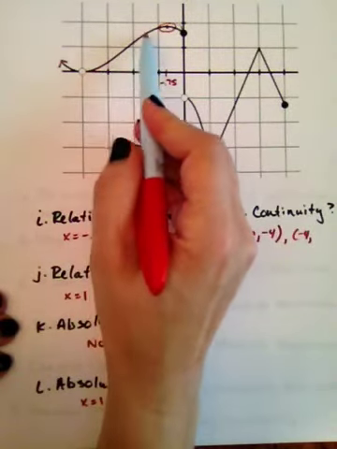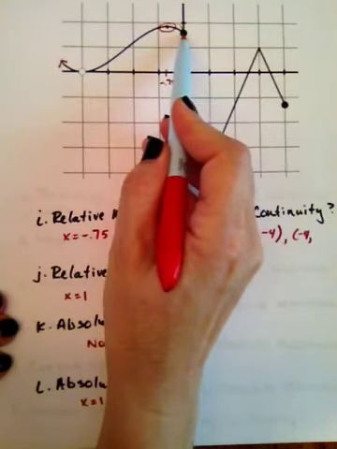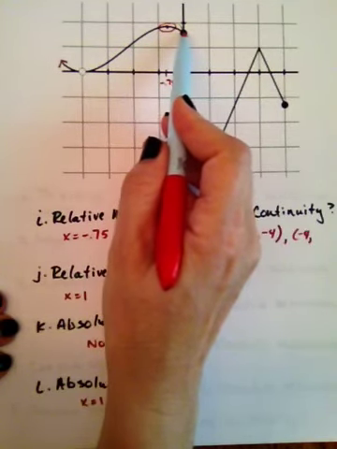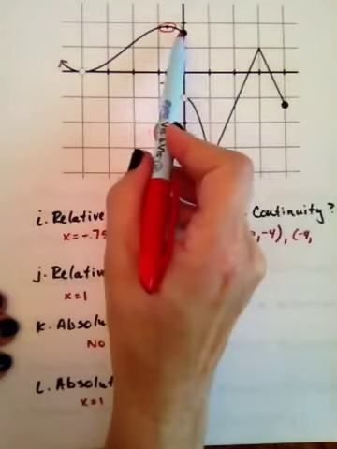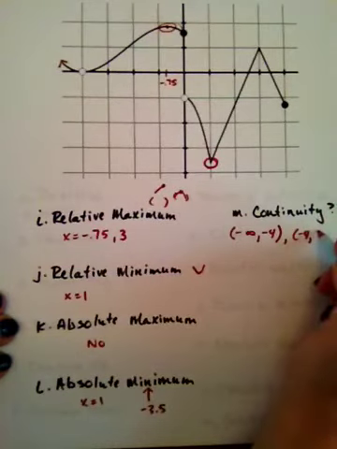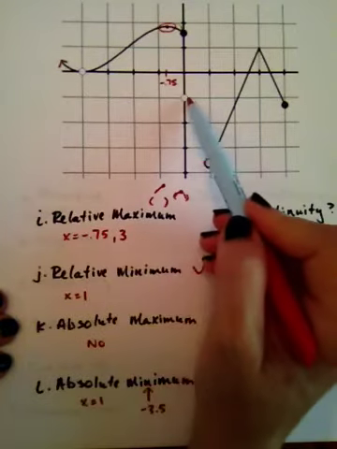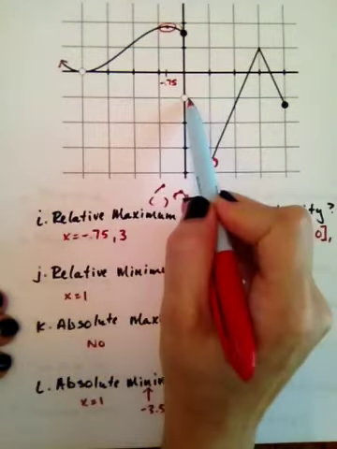I'm traveling along all the way until I get to 0. Now, for continuity, you can be continuous on a closed interval as long as it comes in and actually touches the point right there. I'm going to get into fancier definitions later, but we will go from negative 4 to 0. It touches 0, so I'm going to have a bracket. For my next interval, I did have to pick up, I'm coming down here.